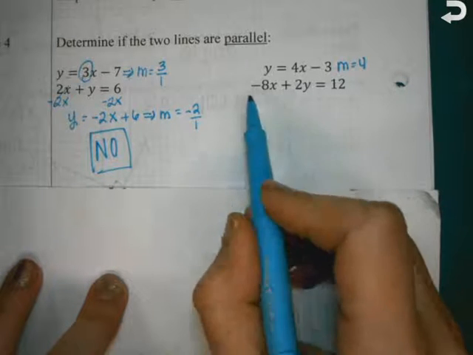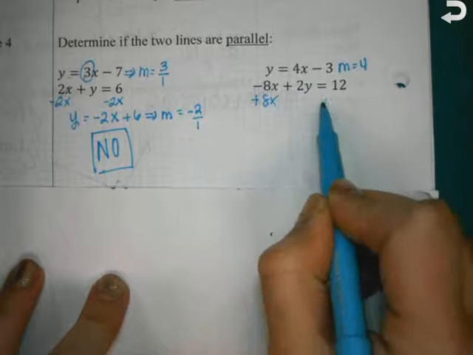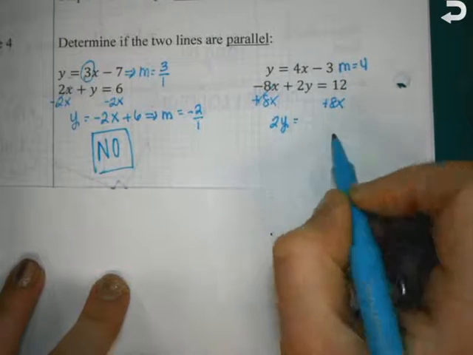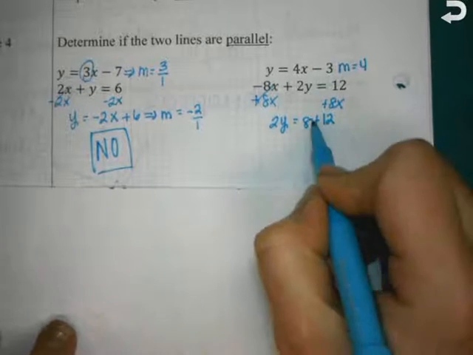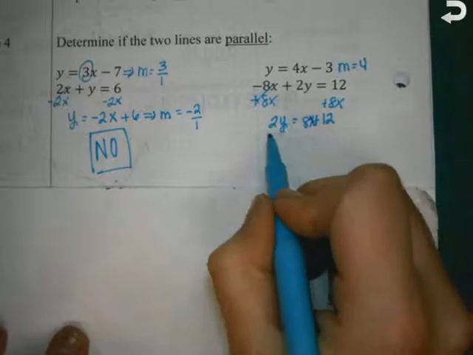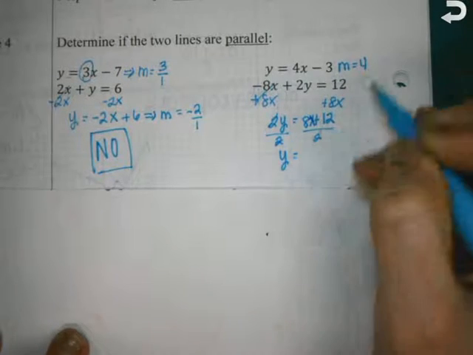Yes. Okay, so we get 2y equals 8x plus 12. Divide by 2. Okay, so we get y equals 8 divided by 2 is 4x plus 6.